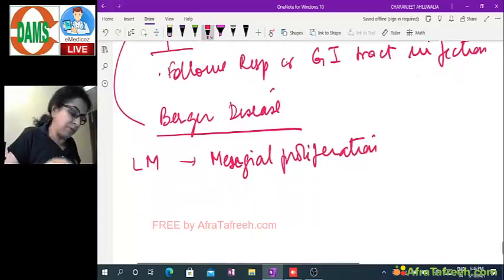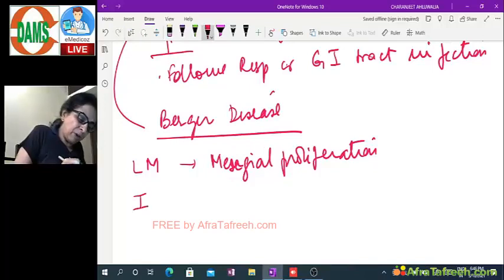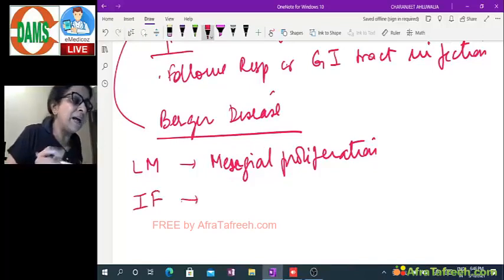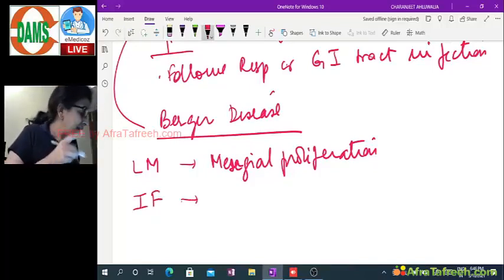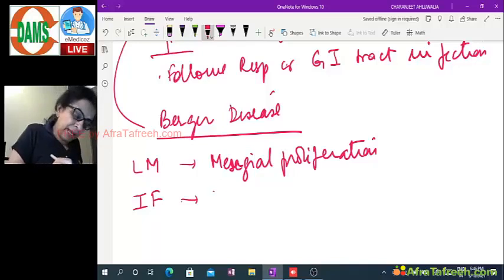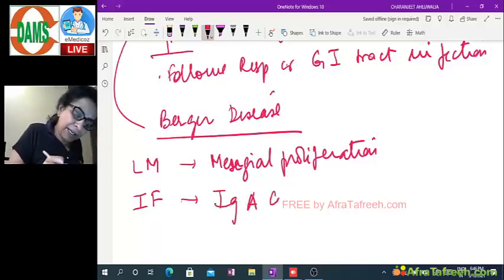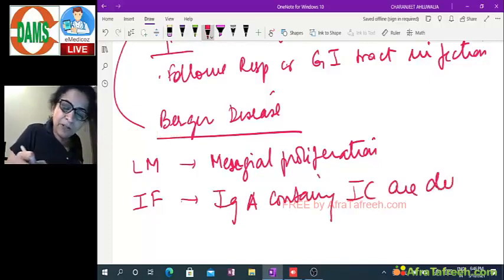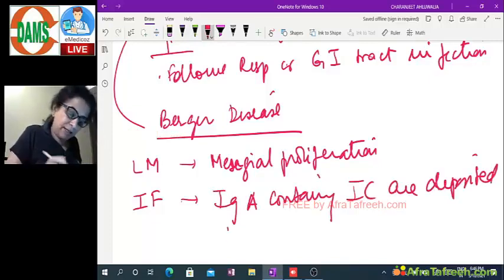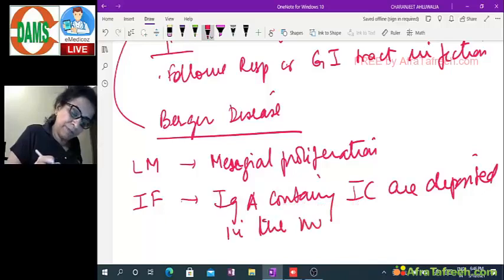So there is mesangial proliferation. अच्छा, अब immunofluorescence examination देखो, इसका नाम है IgA nephropathy. तो अगर IgA nephropathy है तो अब कौन सी इम्यून कॉम्प्लेक्सेस डिपॉजिट होंगे और कहां डिपॉजिट होंगे? IgA containing immune complexes are deposited in the mesangium.